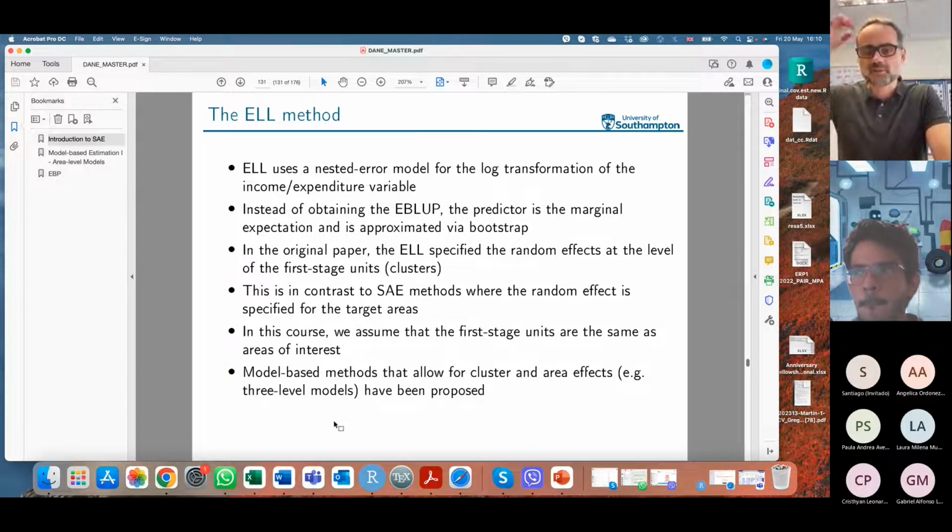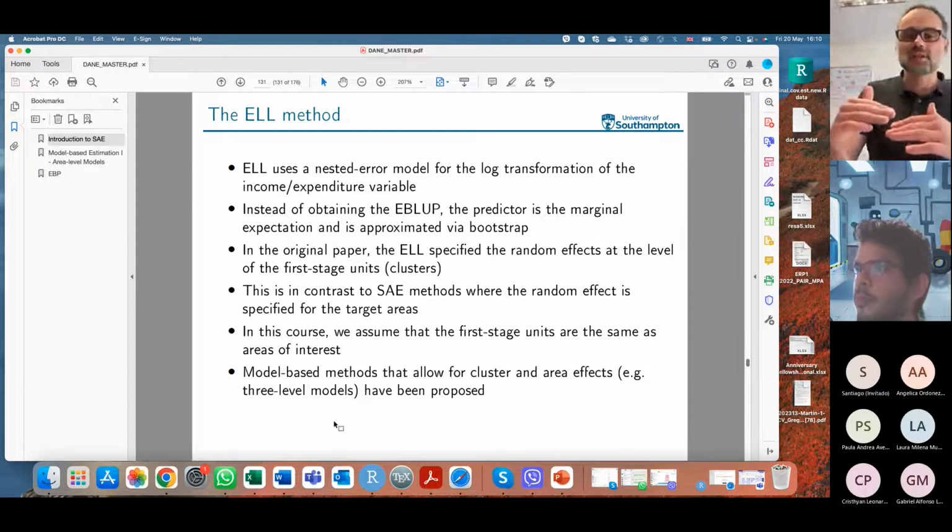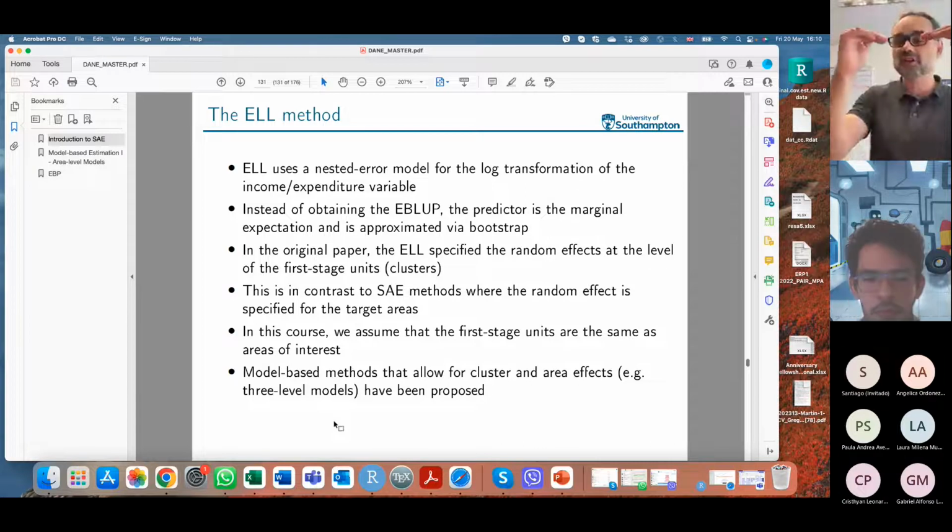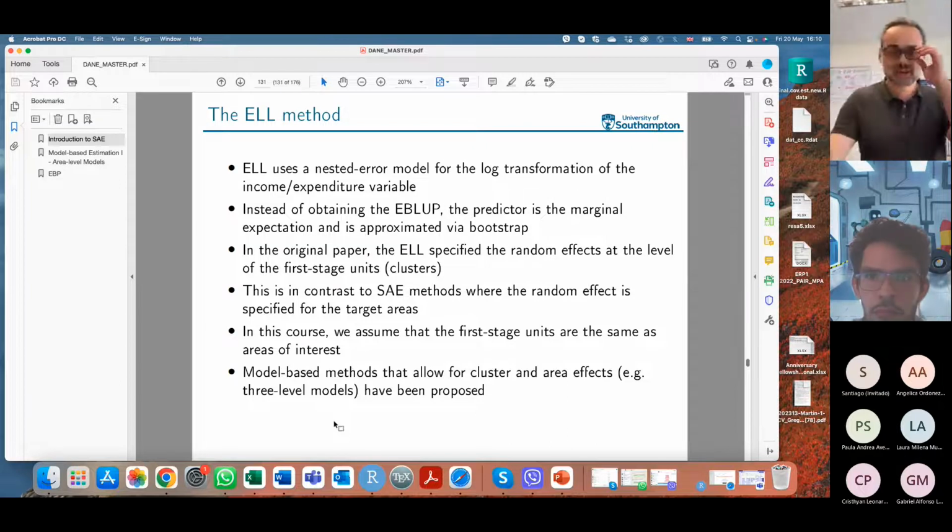Okay, so one comment about the specification of the random effects in the original paper that Elbers, Lanjouw, and Lanjouw wrote. They specified the random effects at the level of what they call the first stage units, like the clusters, not at the level of the area of interest, not at the level of municipality, but at the level of the clusters.